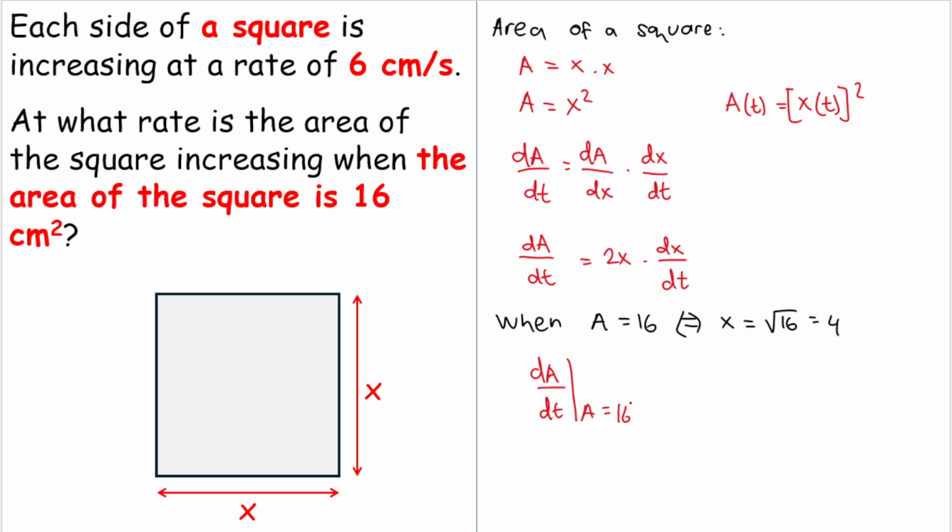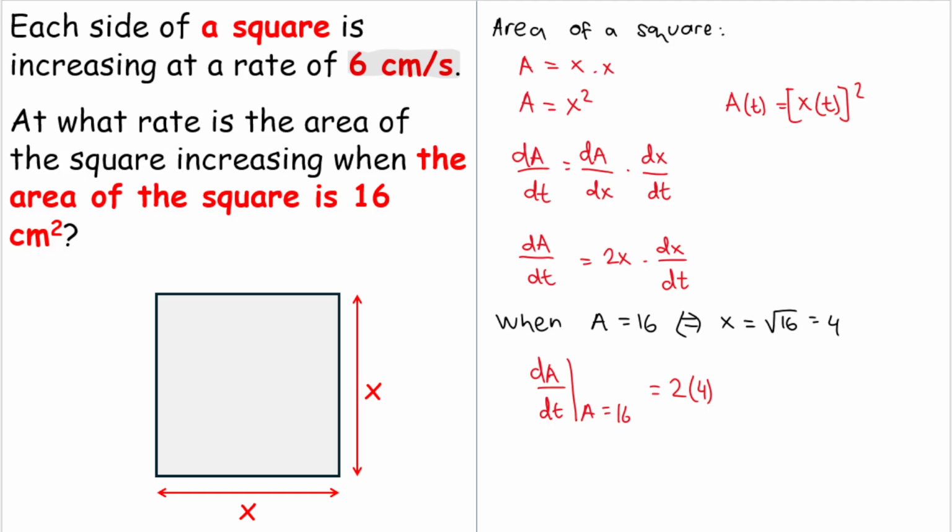Now we need to plug in the numerical values. So we will have 2x, and when A is 16, x is 4, so we plug in 4 here. And then dx over dt. What is dx over dt? It is the rate of the increasing side, which is given by the problem: 6 centimeters per second.